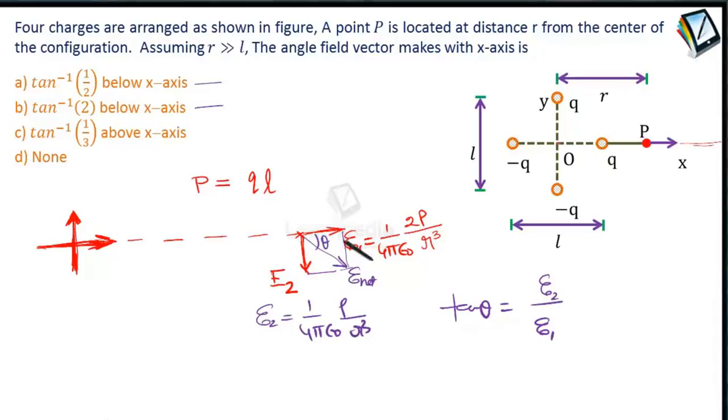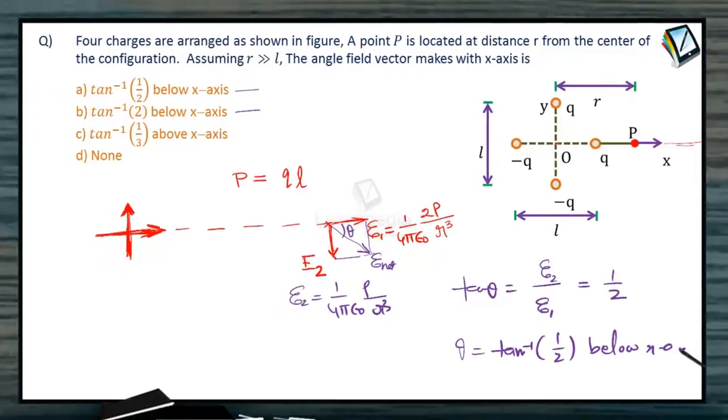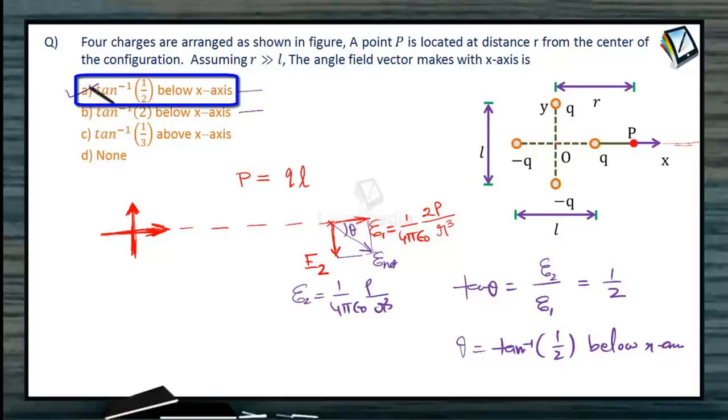This horizontal one is E1. E2 is half in comparison to E1, so it becomes 1 by 2. So theta is tan inverse half below the x-axis. So option A must be the correct option to this question.